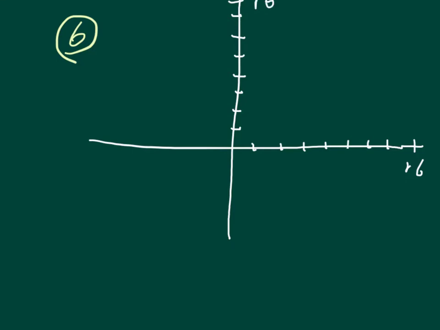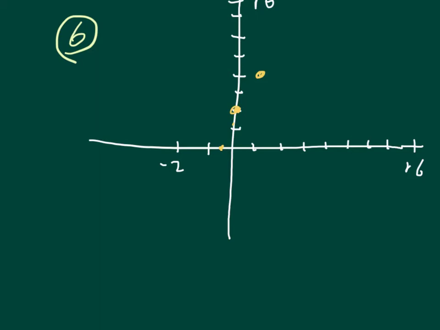Now, in looking at this one here, let's first graph it. There's a -1 and a -2. So I need to go -1, 0. So let's graph this one, -1, 0. Then I'm going to be 0 and 4.